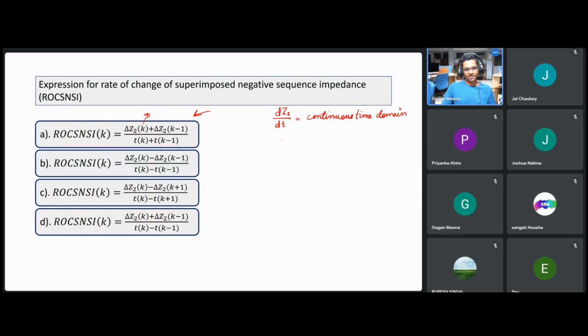So in the fourth week we have discussed these different phasor estimation techniques.